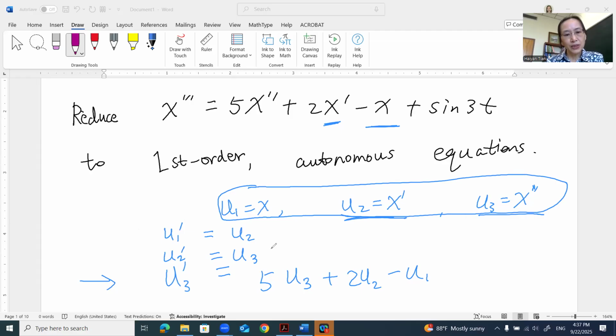Yeah. So this way, do I still have x? No. You should not have x because x is already called U1. You cannot keep both x and U1 on the right-hand side at the same time. So we already have a new system for the names of x or x derivative or x second derivative.